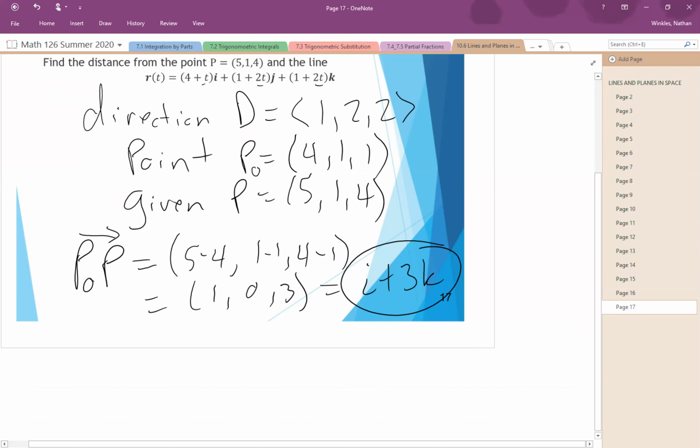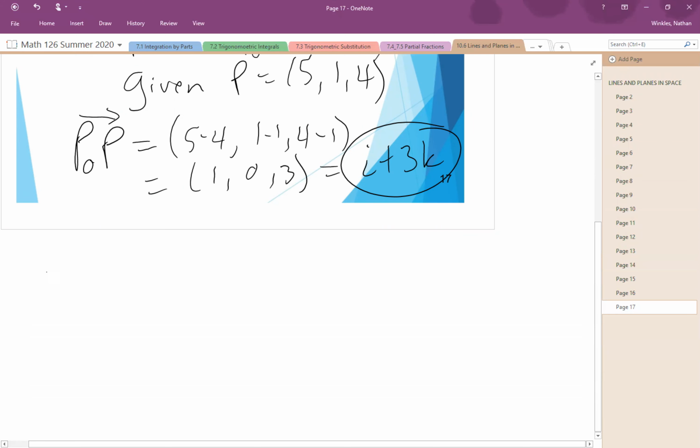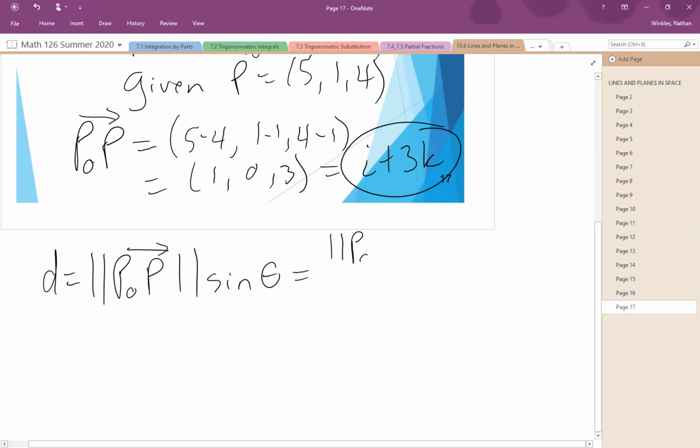The minimum distance between the point P and the line r is given by D equals the magnitude of P0P times the sine of theta, which is really equal to the magnitude of P0P crossed with d, divided by the magnitude of d, where theta is the angle between the vectors P0P and d.